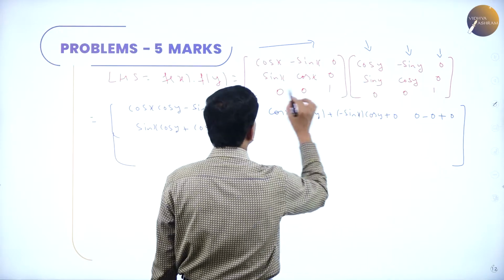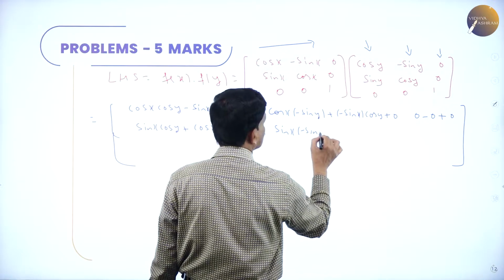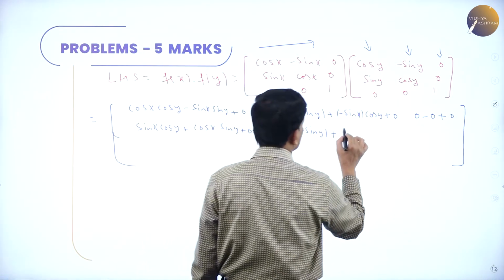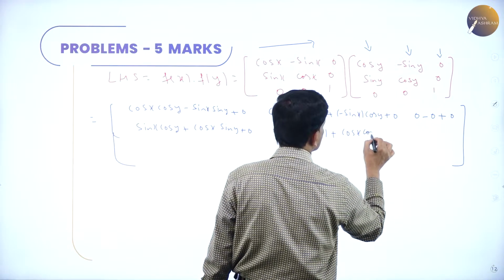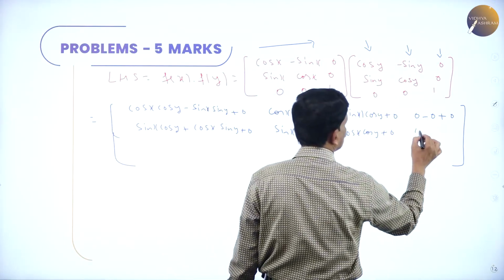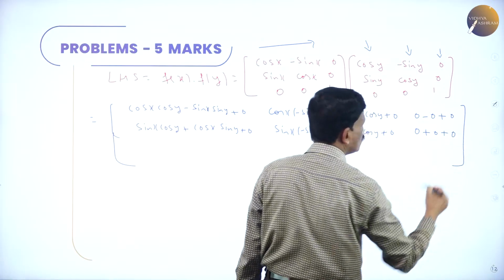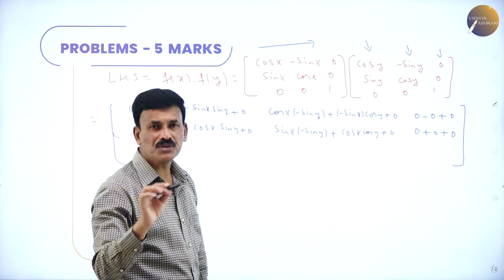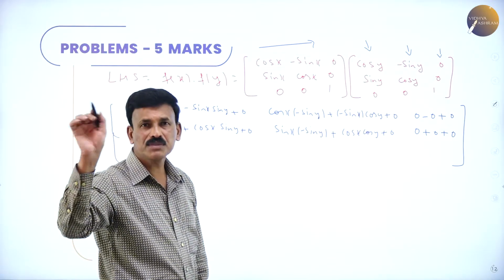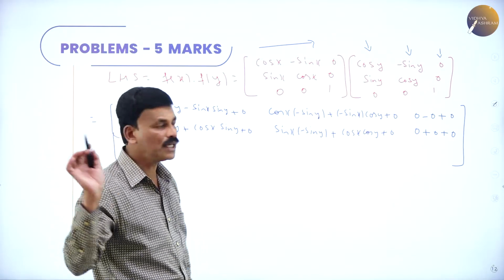Again same row, second column: sin x into minus sin y plus cos x into cos y plus 0. Again sin x into 0 is 0, cos x into 0 is 0, plus 0 into 1 is also 0. Okay. So the first and second rows are finished. Now third row, first column, second column and third column.